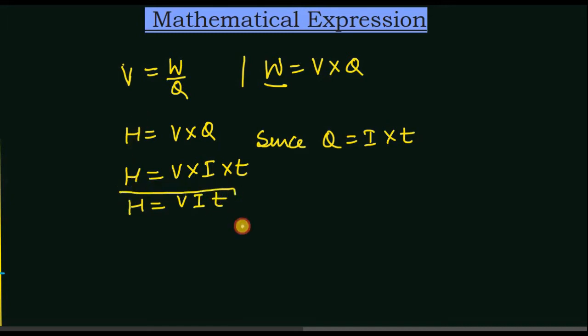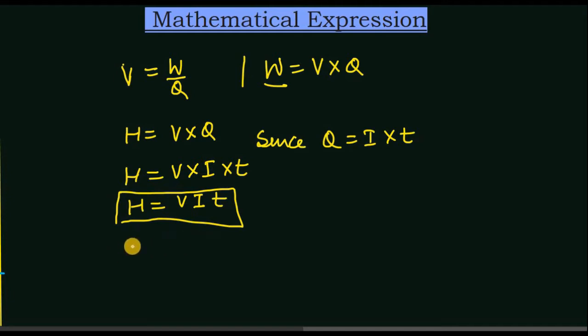Now another formula we can also derive from it by replacing V or I. In place of this we will use Ohm's law and replace these values, so we'll get a new formula.